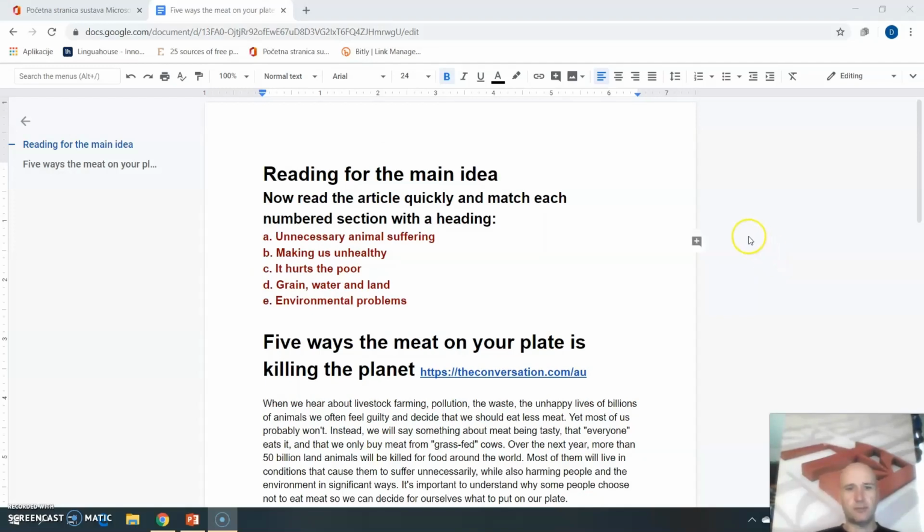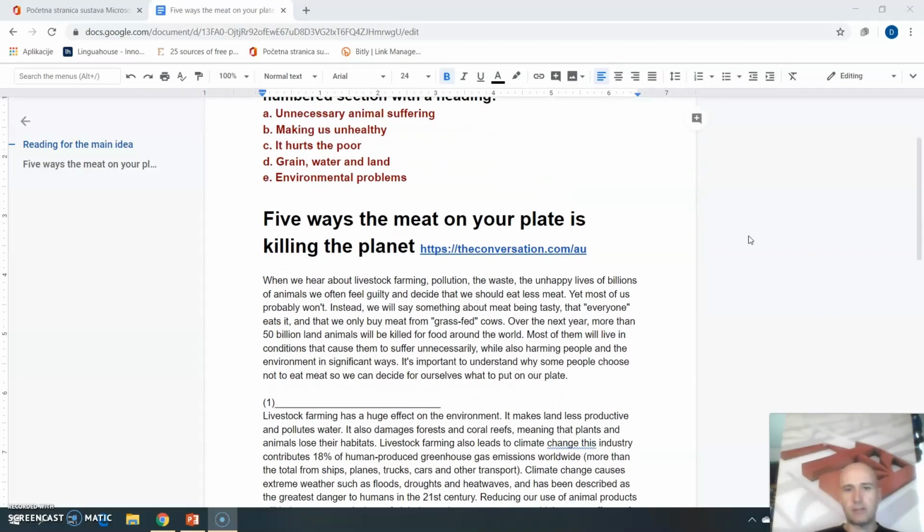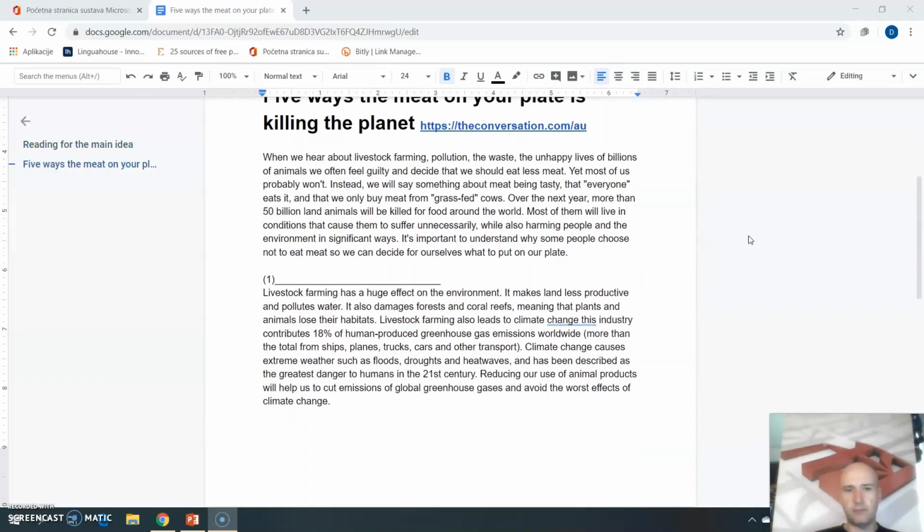So this is the text you're going to read. You can see there are 5 headings: unnecessary animal suffering, making us unhealthy, it hurts the poor, grain, water and land, and environmental problems. So the text is divided into 7 paragraphs. You have to label the 5 paragraphs.